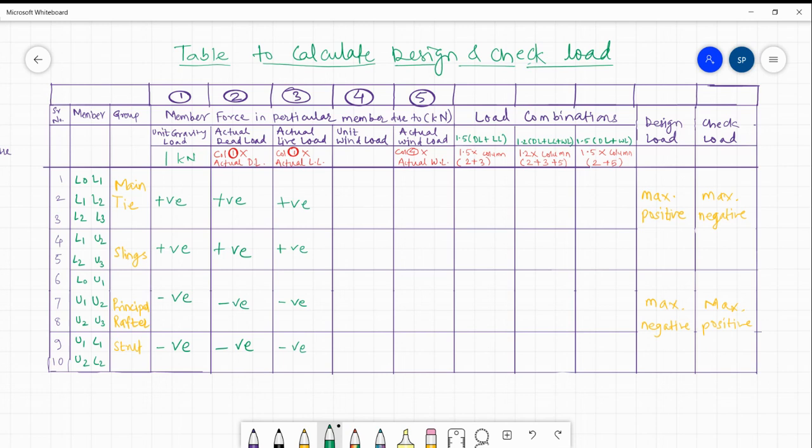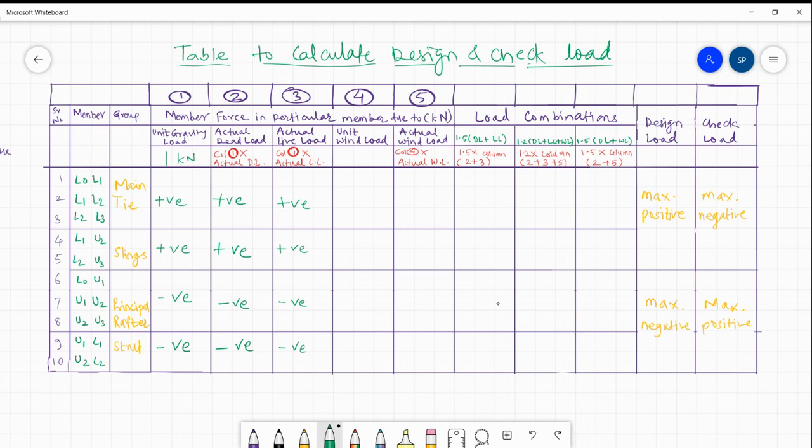And the fourth column is for wind analysis. Again, as I discussed in the last video, when you apply uplift wind load on the structure, that is, wind load acting away from the roof truss, and you apply unit wind load, whatever member force values you get are to be listed in this column number 4.